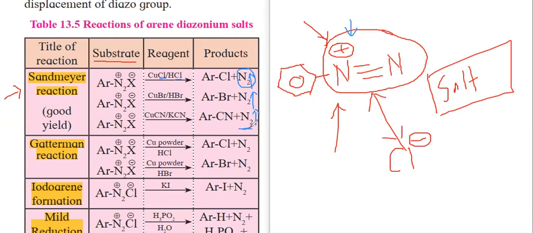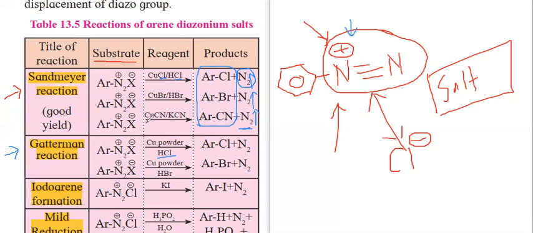Then another one is the Gattermann reaction. I think we have seen the Sandmeyer reaction. In which chapter, can somebody tell me? Yes, of course, we saw this in the chapter on halogen derivatives, aromatic halogens, for synthesis purposes. The next one is the Gattermann reaction. This is our arene diazonium salt when treated with copper powder and HCl.